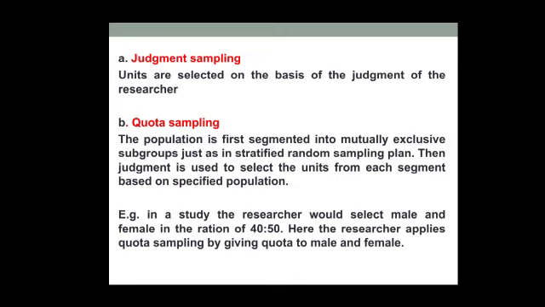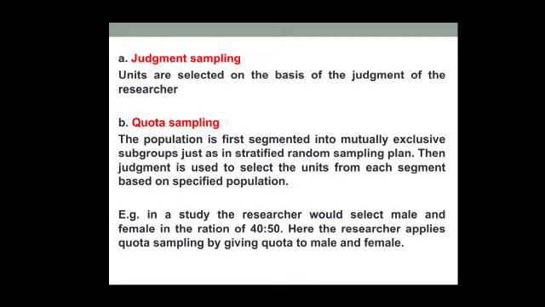And what are the techniques? Judgment sampling, according to the judgment of the researcher. No further clarification is needed there. Quota sampling, like stratified random sampling. This may be a combination of stratified random sampling and judgment sampling. So here, like stratified random sampling, the entire population is divided or segmented into mutually exclusive subgroups.